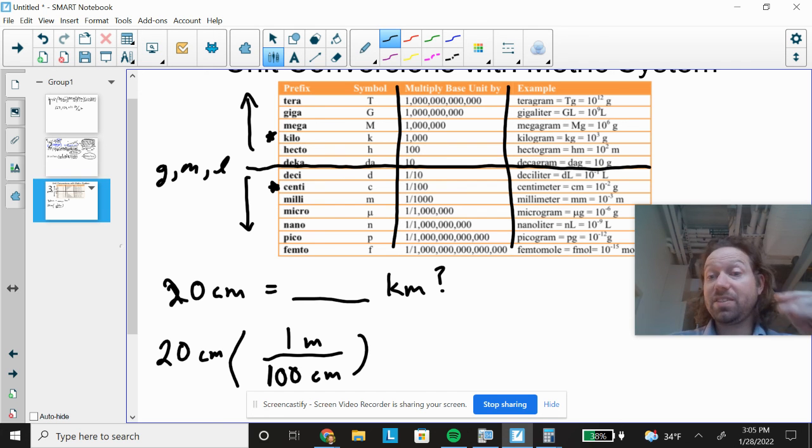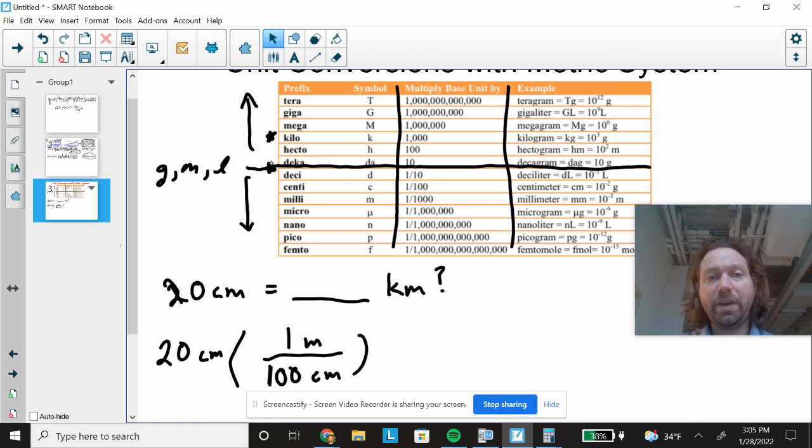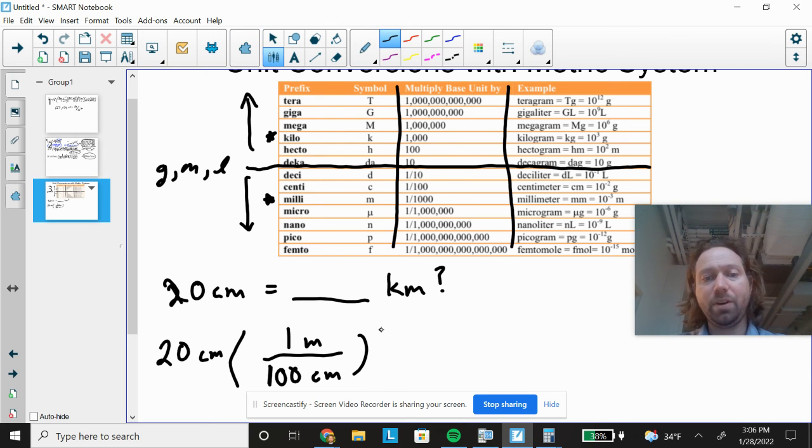So if I were to stop right here, I would have the amount of meters in 20 centimeters. But I don't want to stop here, okay? Right now, we've moved from this place up to the base unit. I want to get up to kilometers here. So I have to do one more step and get out of meters and go up to kilometers.